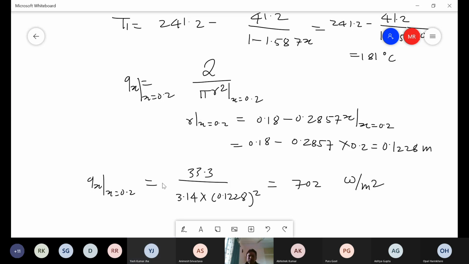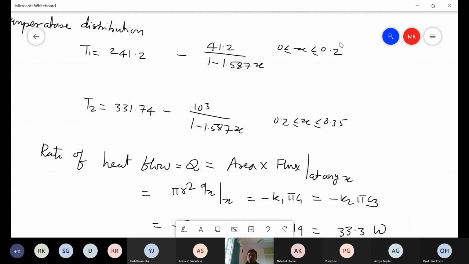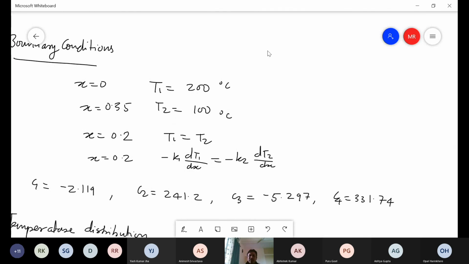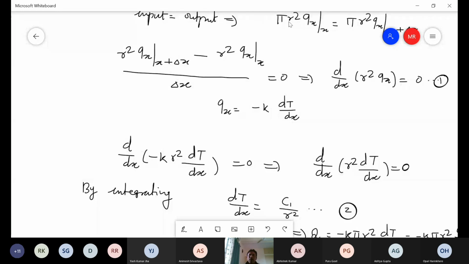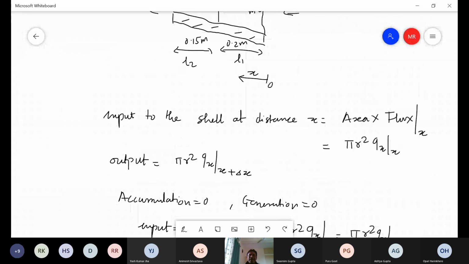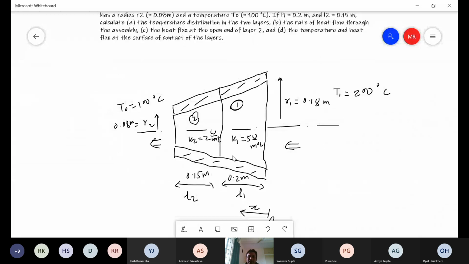Look at the problem statement, go back to the figure, then you will probably understand what I'm trying to say. Why we have taken Qx as a function of x instead of r. Here you can see the heat transfer is taking place along the axial direction, it is not taking place along the radial direction. Yes, sir, I know that, but why is it uniform for a particular x?